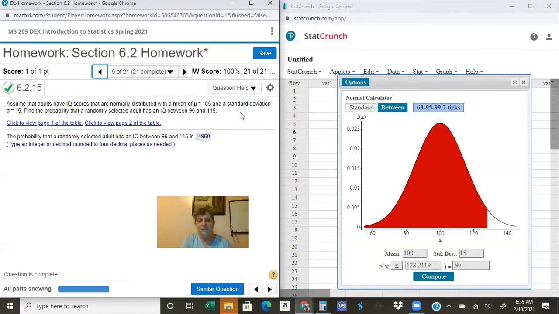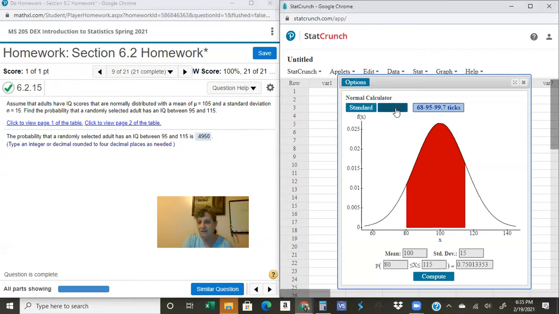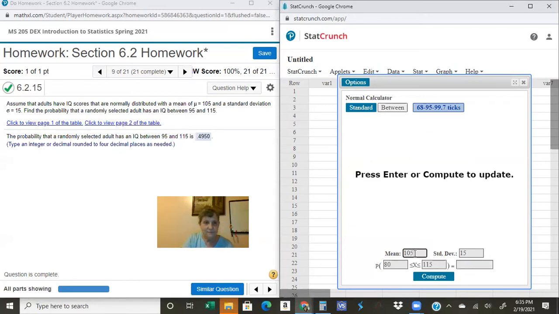97%. So if you run into somebody who claims that they've got an IQ of 160, take it with a grain of salt. Now in this problem, they're wanting us to find the probability that an adult has an IQ between 95 and 115. So we want to go to the between. They've changed the mean now to 105. Left the standard deviation at 15.